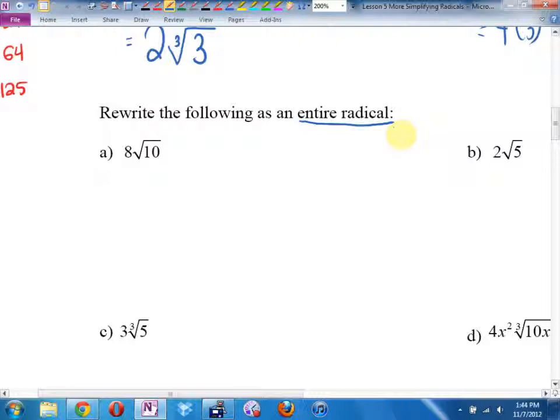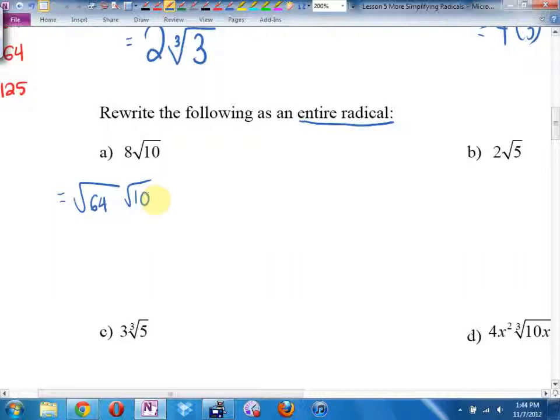As an example, A. Suppose I said simplify, and you got an answer of 8 root 10. Where did it come from? Where would that 8 have come from? What must I have had here to get an 8? It must have been a root 64 in front of the root 10.